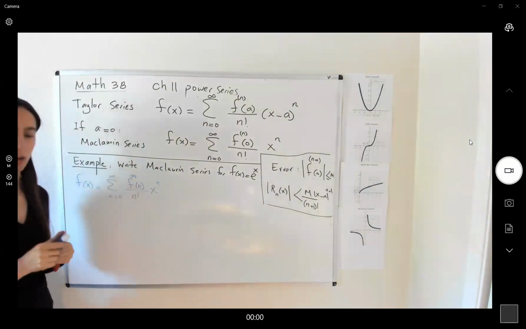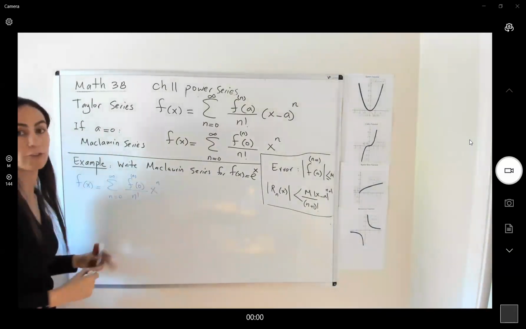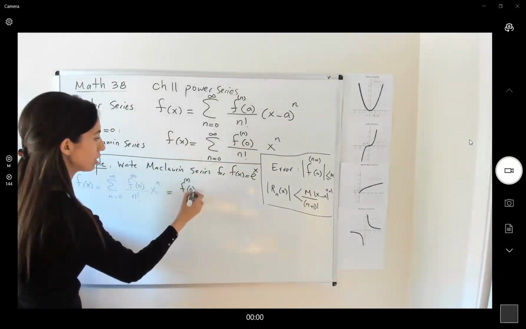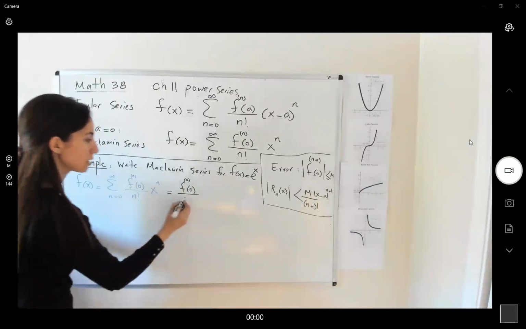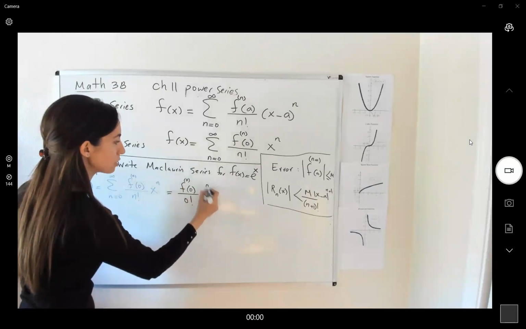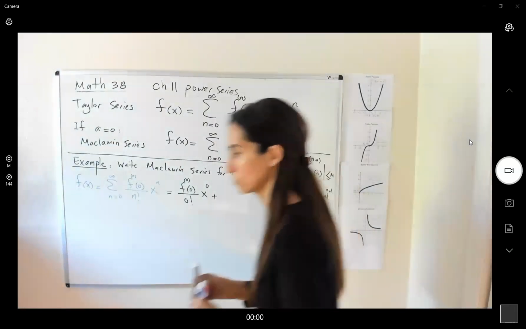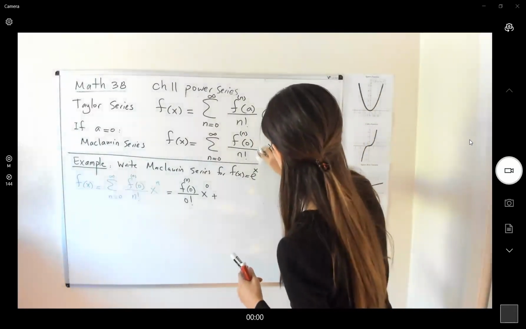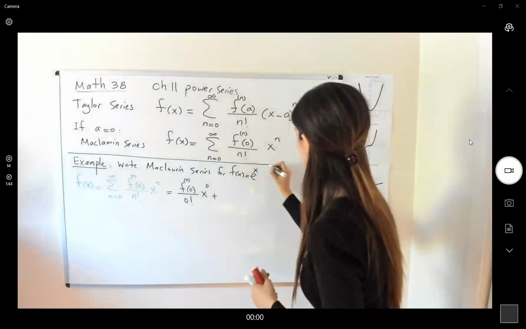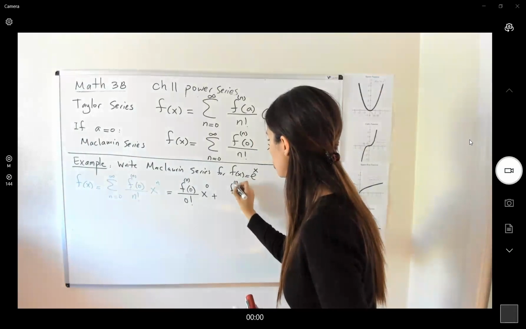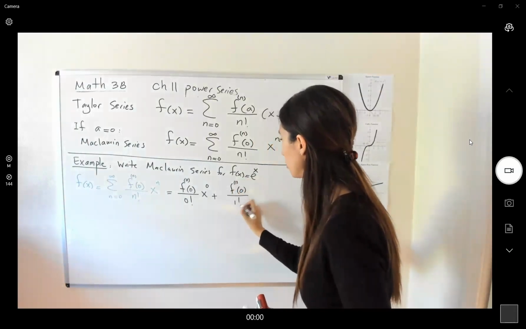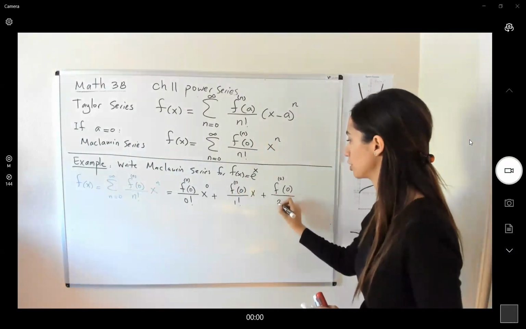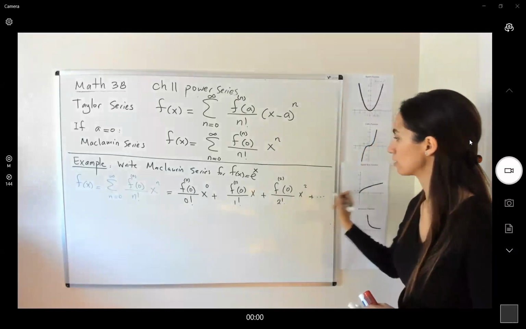Let us write some terms of the Maclaurin series, then we deal with our function itself. This is equal to the 0th derivative of the function at 0 divided by 0 factorial, times x to the 0, plus the first derivative of the function evaluated at 0 divided by 1 factorial, times x to the first, plus the second derivative of the function at 0 divided by 2 factorial, times x squared, plus the rest of the terms.